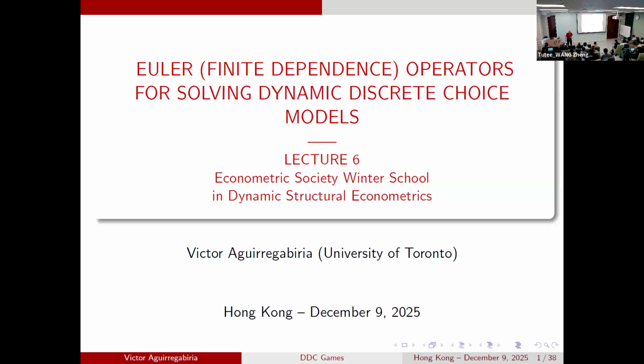And I will show you that this has substantial advantages over standard methods like value function iteration and policy function iteration. Okay?